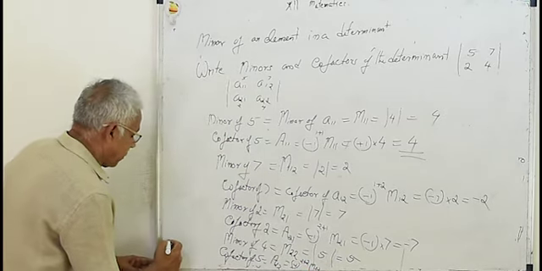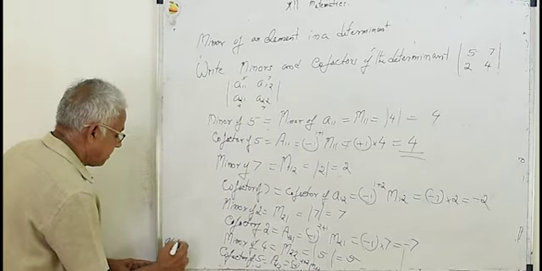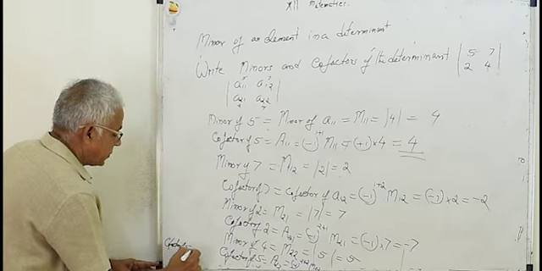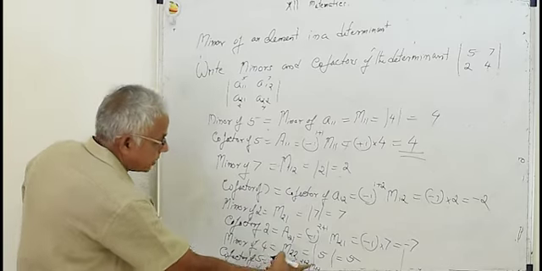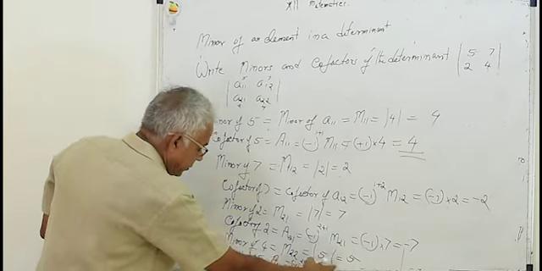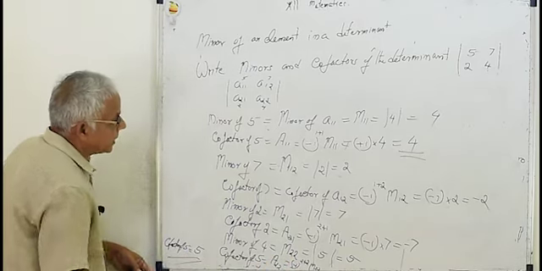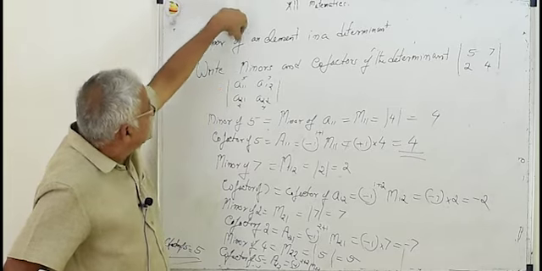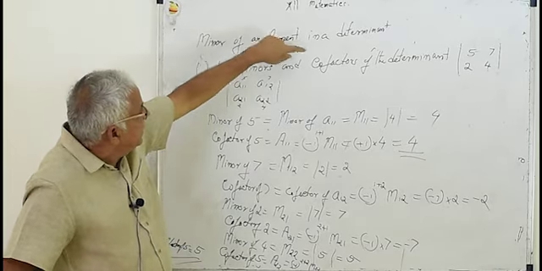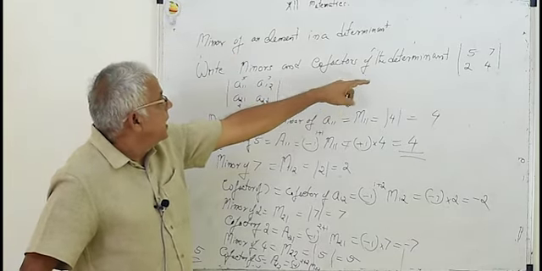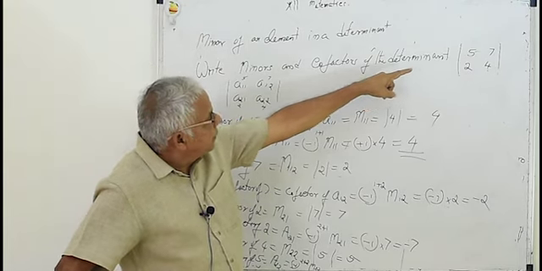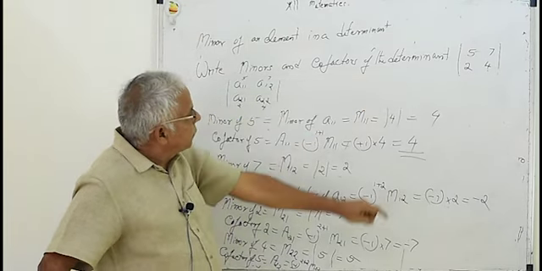So the cofactor of 5 is equal to: the sign is positive, M22 is 5, positive 1 into 5, is 5. These are the values. Write minors and cofactors of the determinant 5, 7, 2, 4.